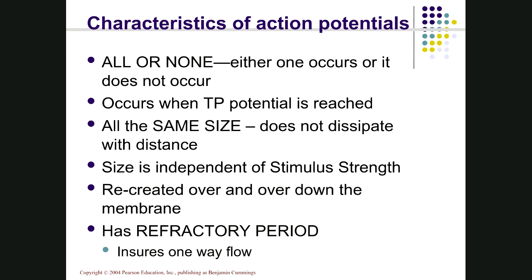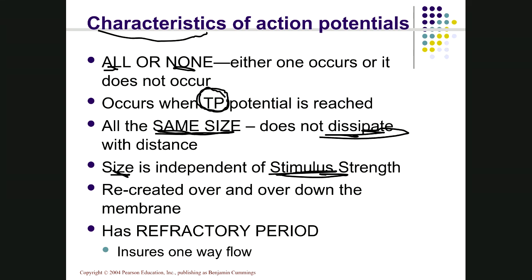So back to the characteristics of action potentials. Remember, they're all or none. You either get one or you don't get one. In order to get one, you have to reach threshold potential. Once you do, though, they're all the same size. They don't dissipate. And their size has nothing to do with the stimulus as long as you reach threshold.